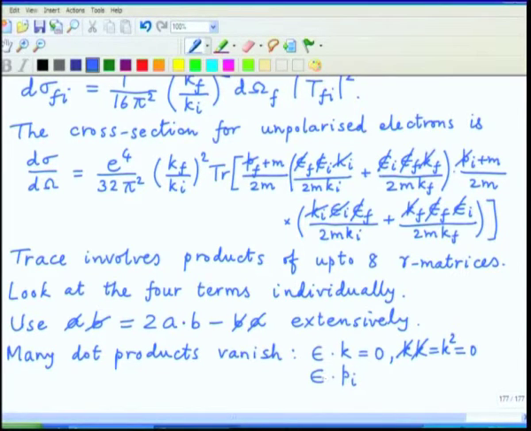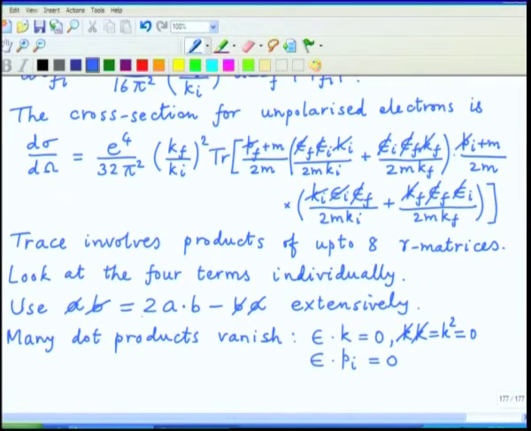So, the transverse photon, either of them, initial or final, also gives 0, and all those objects have to be used in commuting these operators, where this A dot B will end up being some of these combinations, and they can be immediately eliminated.